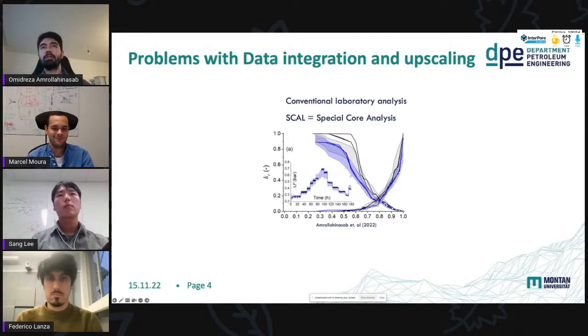What we have done until now, and what you can see here, is the interpretation of the SCAL measurements for Estaillades carbonate. You see the uncertainty range for the different sample variations here.